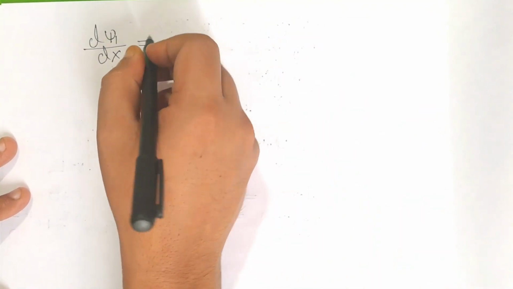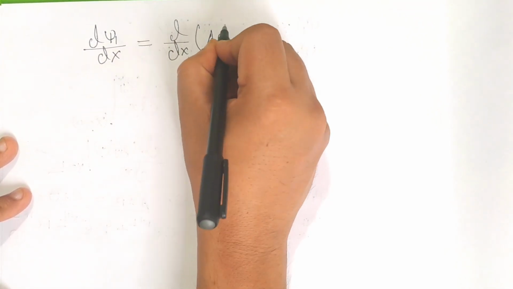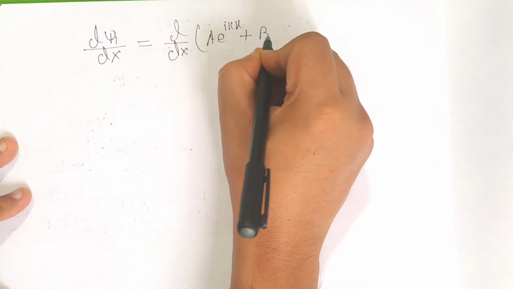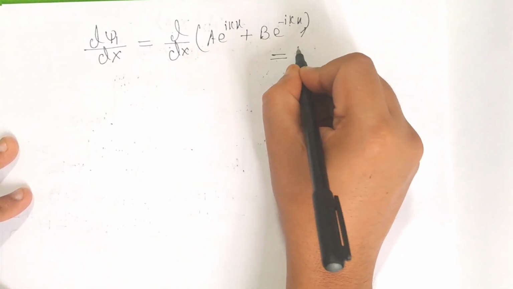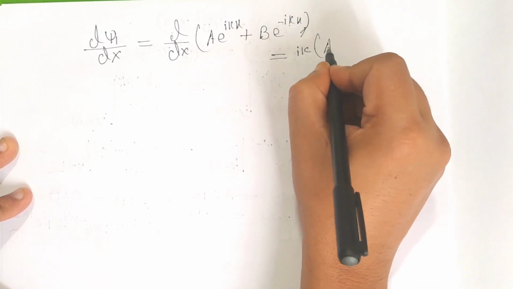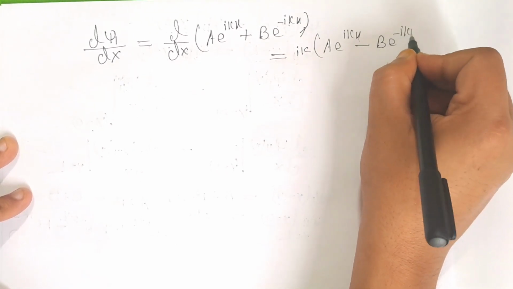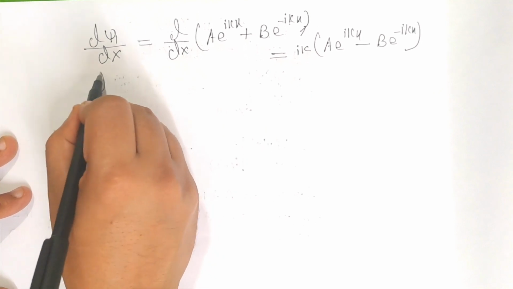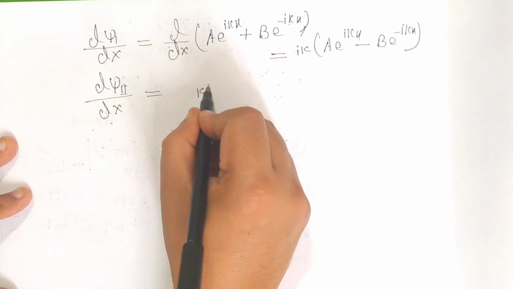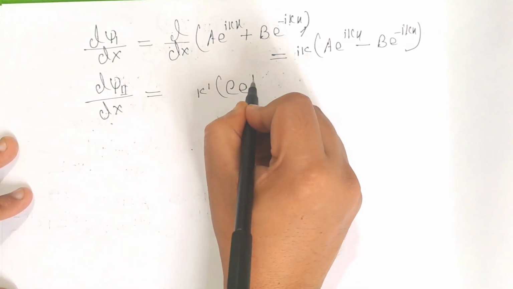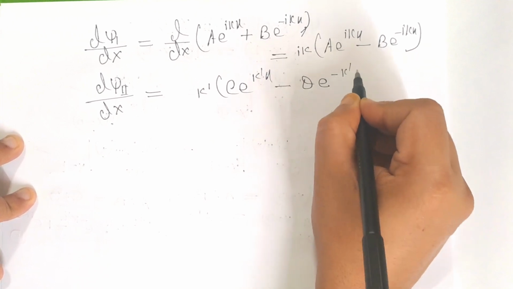So it will become d/dx of A e to the power i k x plus B e to the power minus i k x, equal to i k (A e to the power i k x minus B e to the power minus i k x), or d psi 2/dx will be k dash (C e to the power k dash x minus D e to the power minus k dash x).